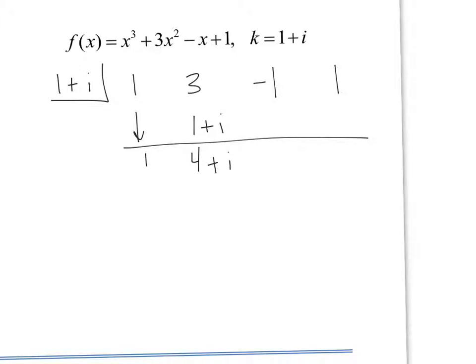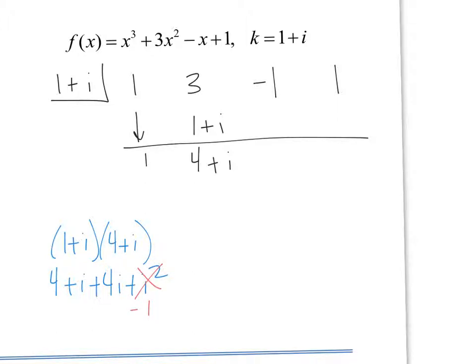And now I have to do off here to the side 1 plus i times 4 plus i. 4 plus i plus 4i plus i squared. Yes, that's -1. That gives me an answer of, when I combine my like terms, 4 minus 1 is 3. i plus 4i is actually 5i. And so now we add 2 plus 5i.